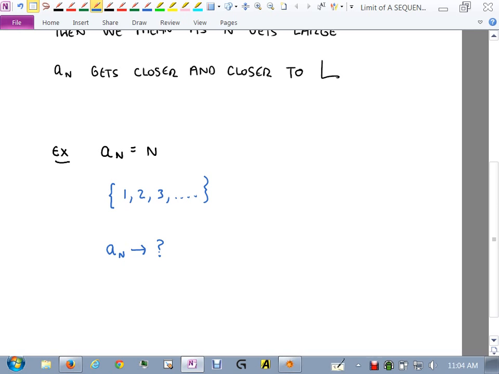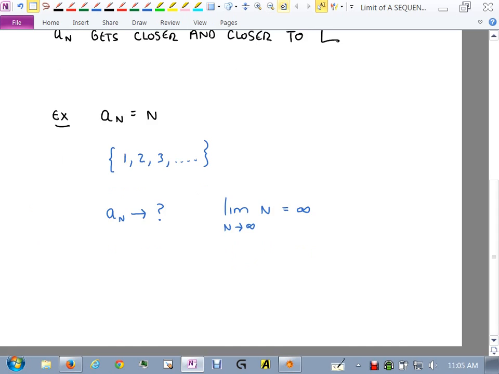Okay? It's becoming infinite, right? What you're essentially doing is this. You're saying take the limit as n goes to infinity of n, right? Because n is our sequence. Let n go to infinity. The thing becomes infinite, right? This is headed towards or equals infinity. So each term of the sequence getting larger and larger and larger. Make sense? Pretty simple? Let's do another one.